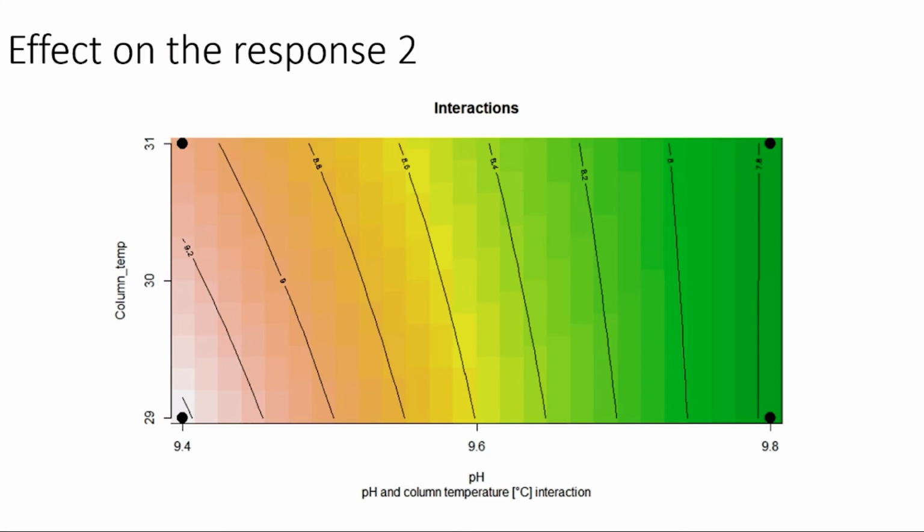And how these plots work now is that if we look at the tilt of the lines, we can estimate how strongly those two effects interact. In this case, the tilting of the line is quite weak, so we can assume that there is not that strong of an effect between column temperature and pH value. However, we can see the lower we go with the pH value, and also the lower we go with the temperature, the stronger these interactions become.